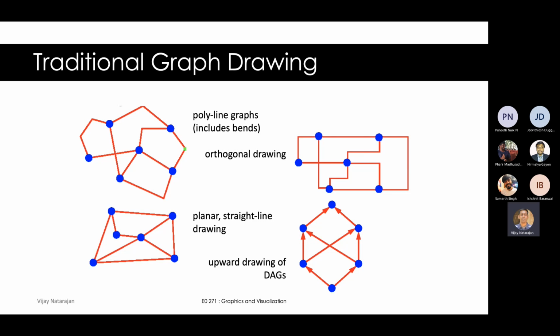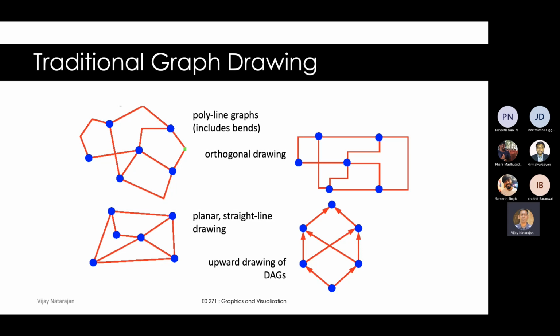Traditionally, graph drawing tried to optimize a few criteria. For example, they try to reduce the number of bends that you use to show an arc, like what you see on the top left. You don't want to show curves because that's difficult to draw, so you want to show them as polylines. Why do you need polylines, not straight lines?